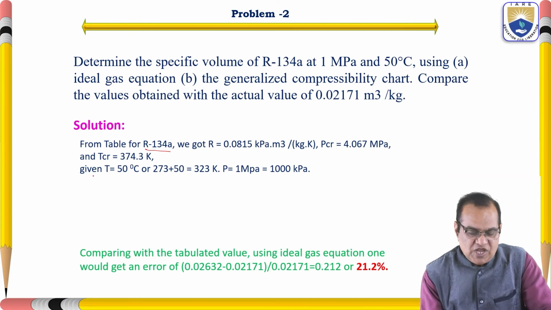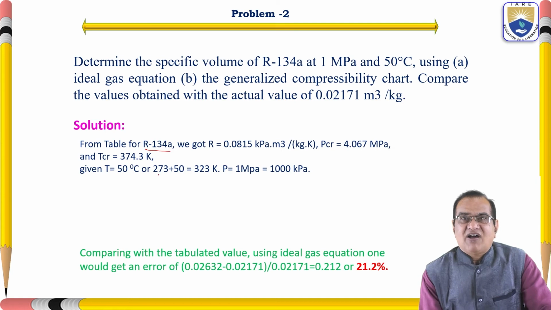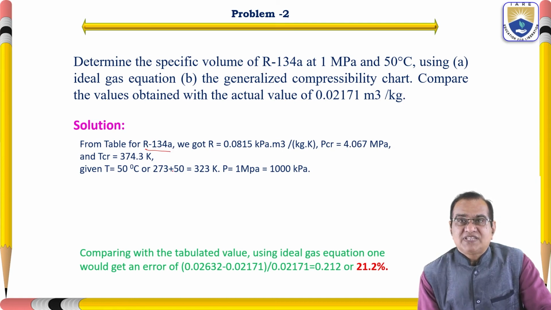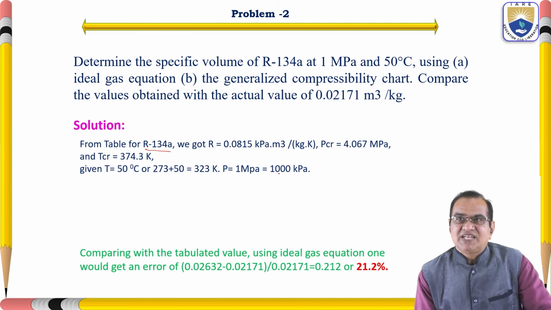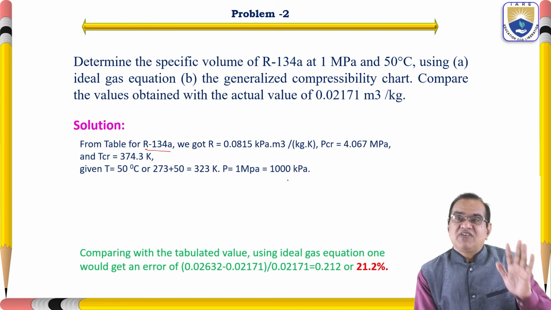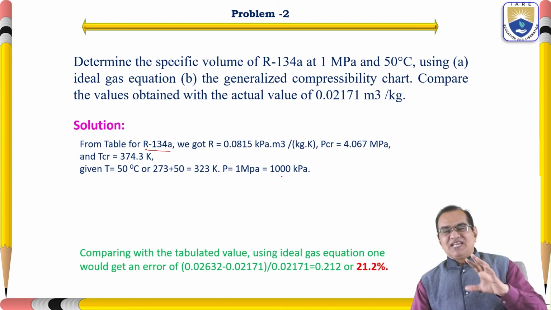In this problem we are given that T is equal to 50 degree centigrade, or 273 plus 50, which gives 323 Kelvin. P is given as 1 megapascal, that is 1000 kilopascal. We have to convert all mega or anything into kilopascals, because your steam table is given in kilojoule and kilopascal.